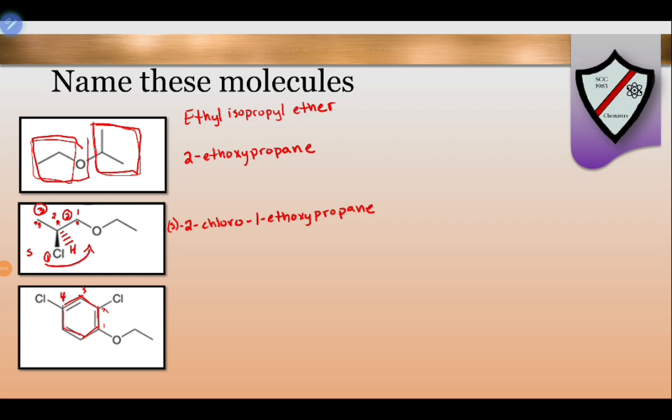Any other ordering of those structures would put us in larger locants, so that would be the correct numbering structure for this ring. So this would be 2,4-dichloro-1-ethoxybenzene.